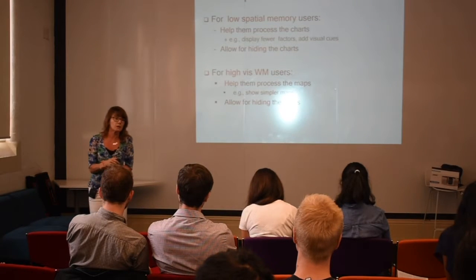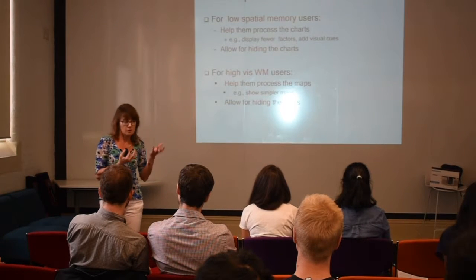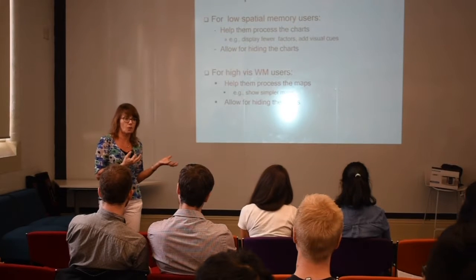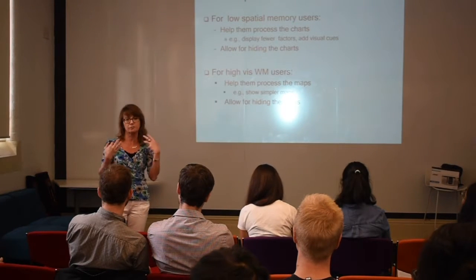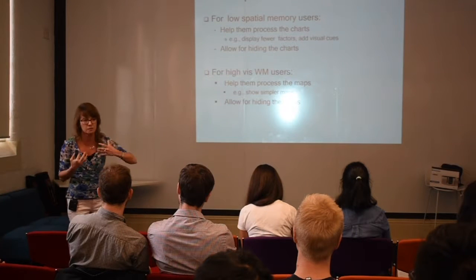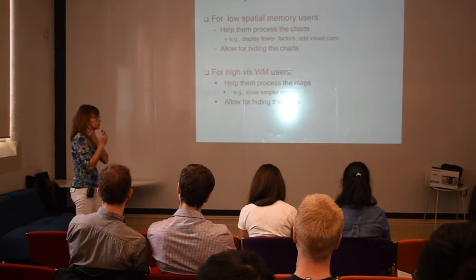Or one could even suggest to hide the chart if they want to, because with these two visualizations, you can still work with only one. You can still find all the information that you need to rate the different scenarios. These are alternatives, okay, possibilities.